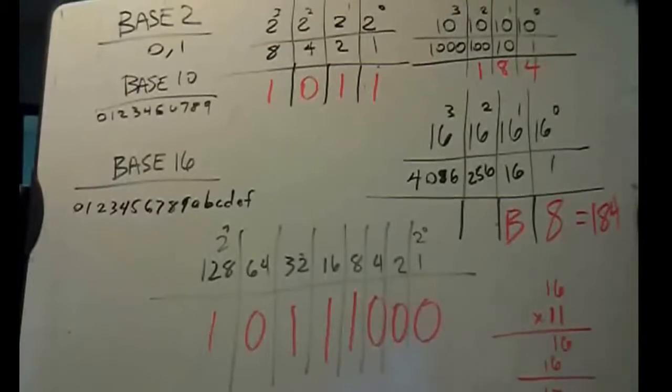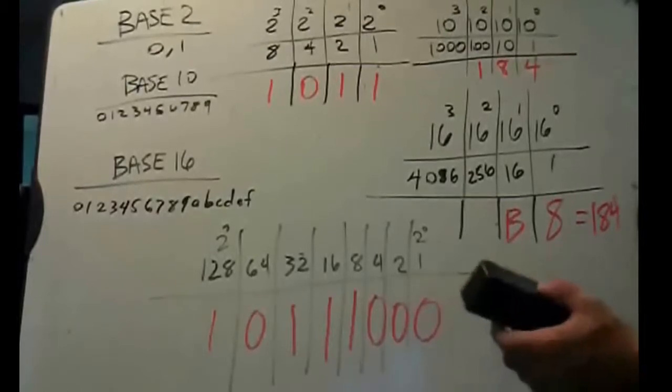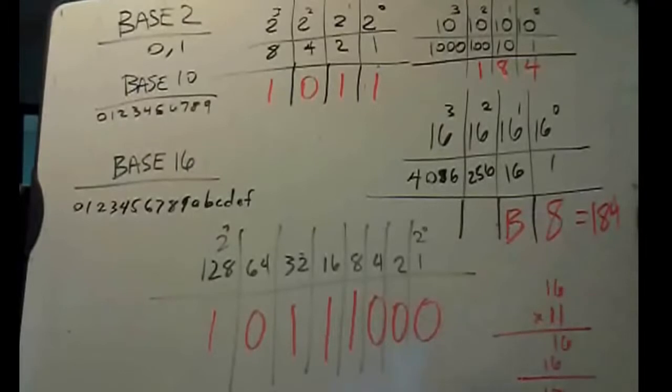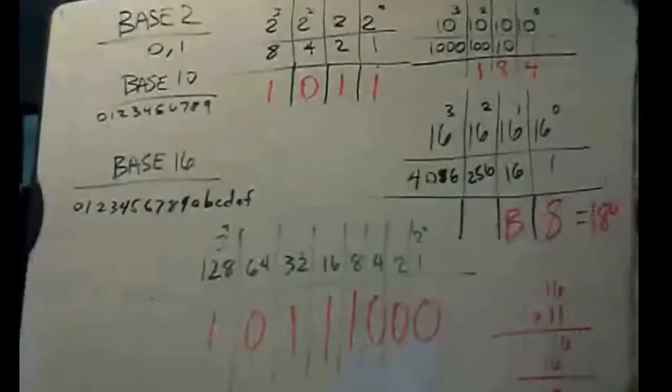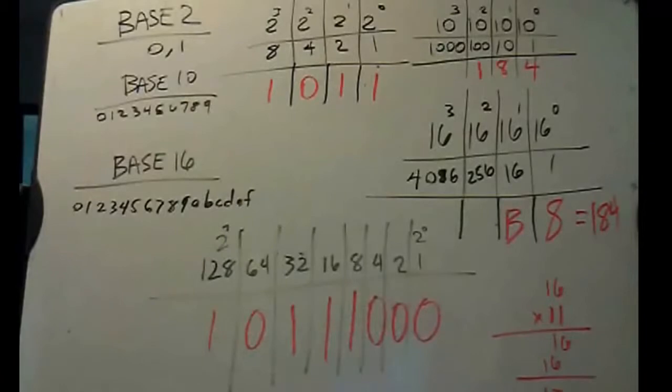Now, one thing that's pretty useful is a trick for doing this quickly, especially for a larger number. In computers, a lot of things happen in 8 bits at a time, or 1 byte at a time, right?